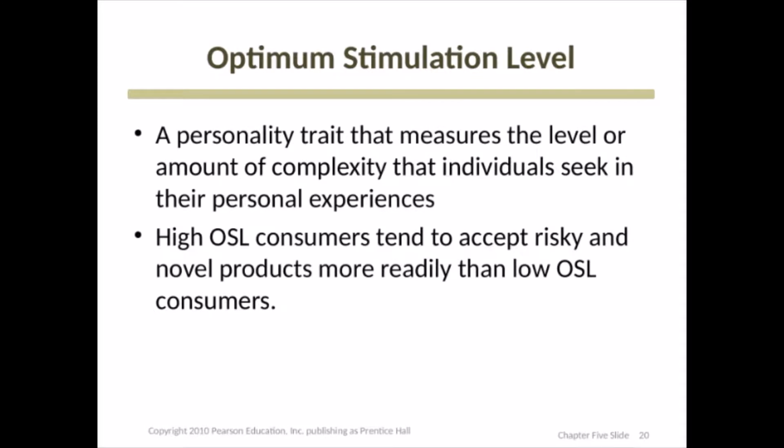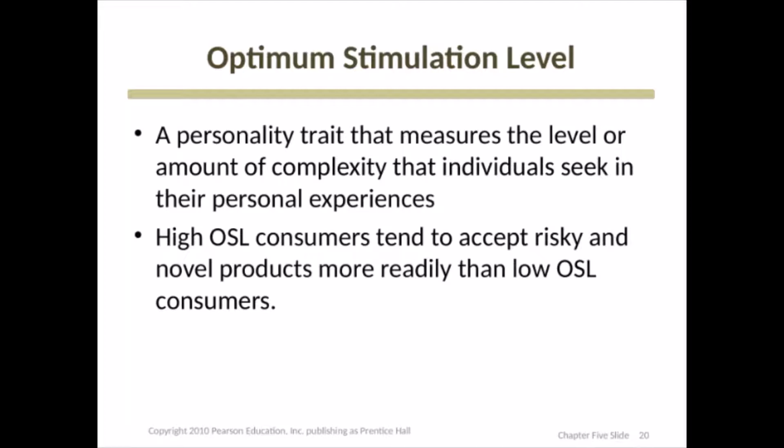قلنا كم trait لحد دلوقتي؟ قلنا الإنوفيتيفنس، وقلنا الدوجماتيزم، وقلنا السوشيال كاركتر، قلنا النيد for uniqueness. Now it is the turn for optimum stimulation level. What is the optimum stimulation level? As you can see in the definition, that is related to knowing or measuring how consumers tend to like or dislike something new or complex or unusual, an experience or product.